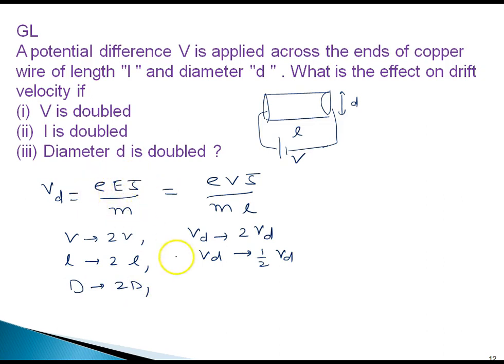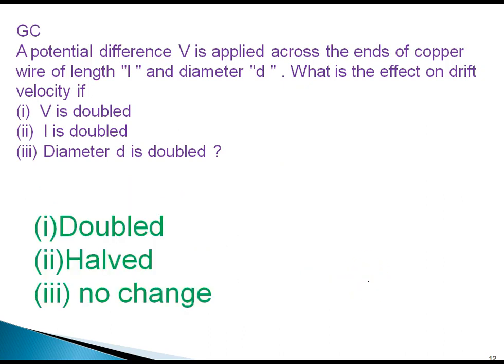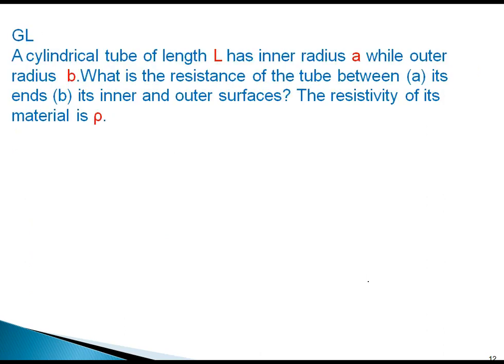There is no role of the diameter, so you will say drift velocity is not affected. I am showing on the next slide. Read it. Okay, very good question. You please try to solve it. I will discuss in next video lectures.